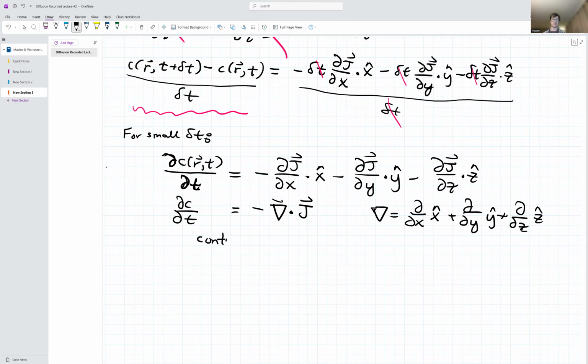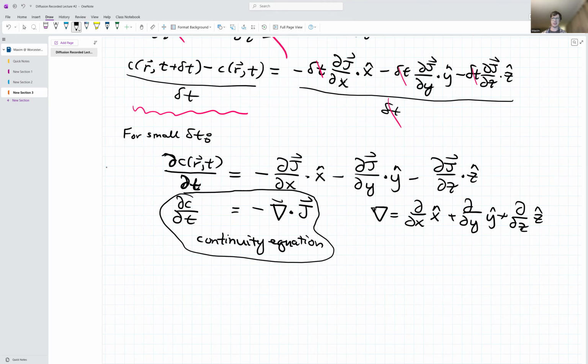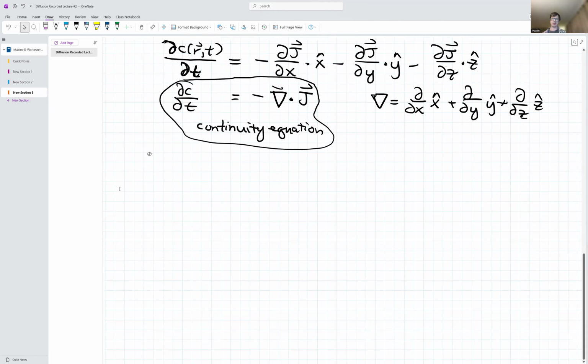It just says, hey, look, if particles are neither created nor destroyed, then the only way the concentration ever changes inside a box is via a flux of particles through the box surface. That's all it is, pretty simple. So it's just particle conservation.